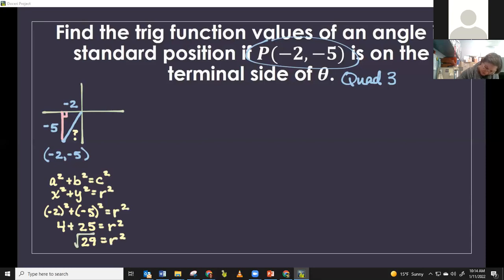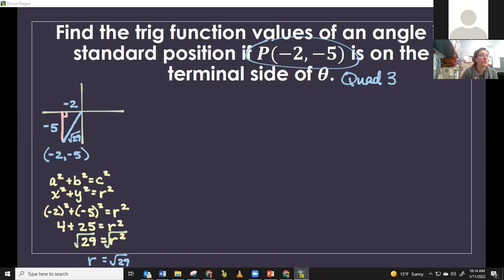So when I take a square root of both sides, my r value is the square root of 29. Depending on what quadrant you're in, you're going to have to be very, very careful if you are looking for the x or the y value.